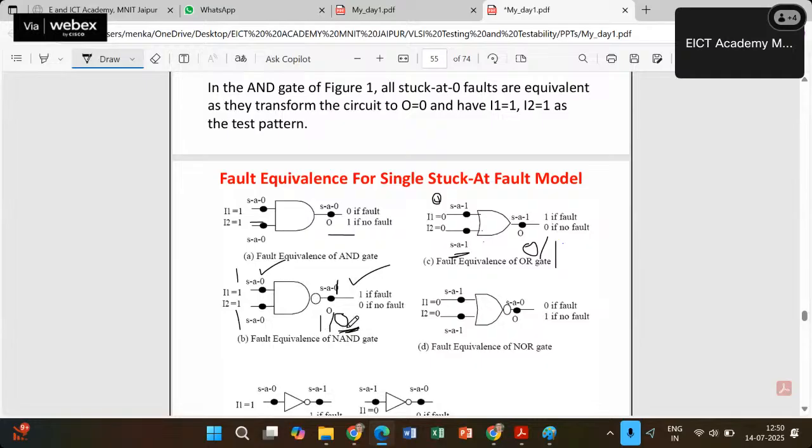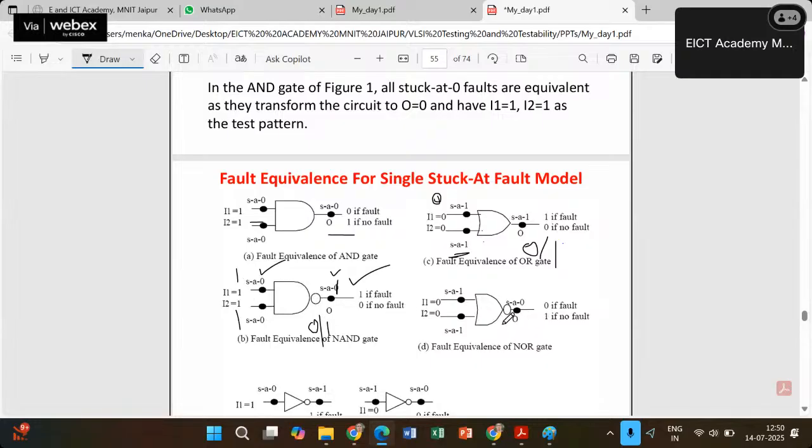So if the LED is off, it means previously it was expected to be on, so it is going to detect the fault. I have written it reversed; it will be 0/1, where 0 is the true value and 1 is the faulty value. So that's why output stuck at 1 fault is equivalent to the stuck at 0 input faults.